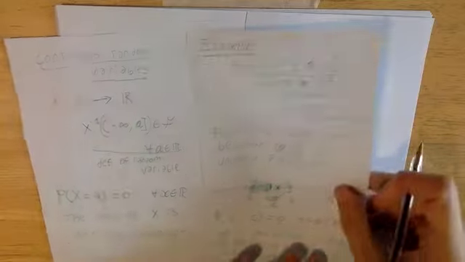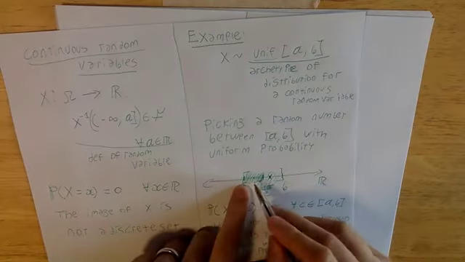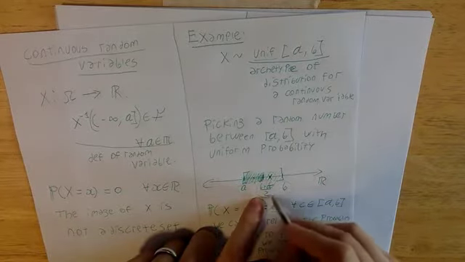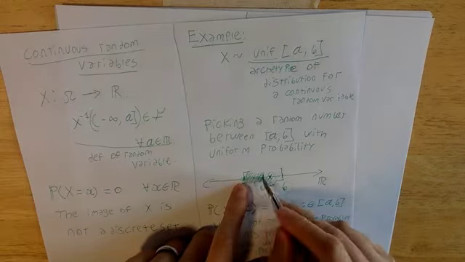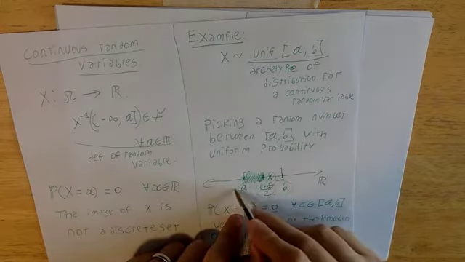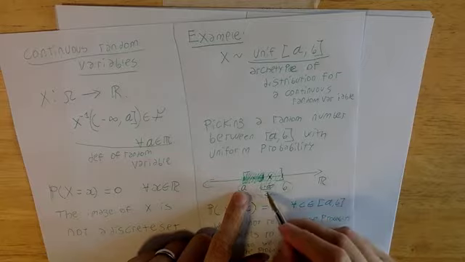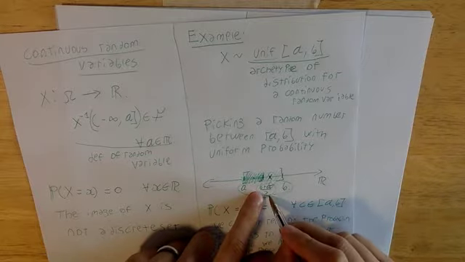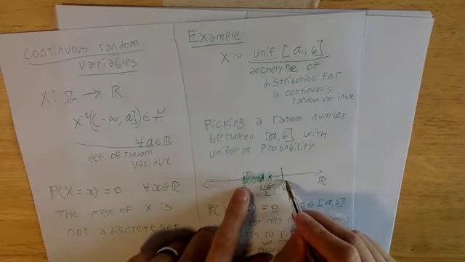So what I'm saying is the probability that you are less than (b plus a) over 2 is the size of this interval over the size of the bigger interval.